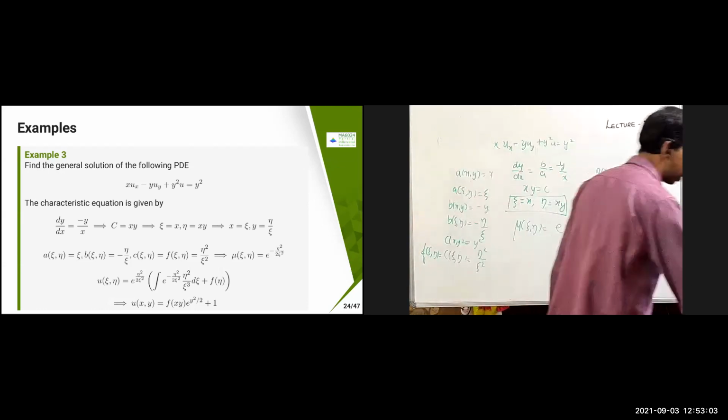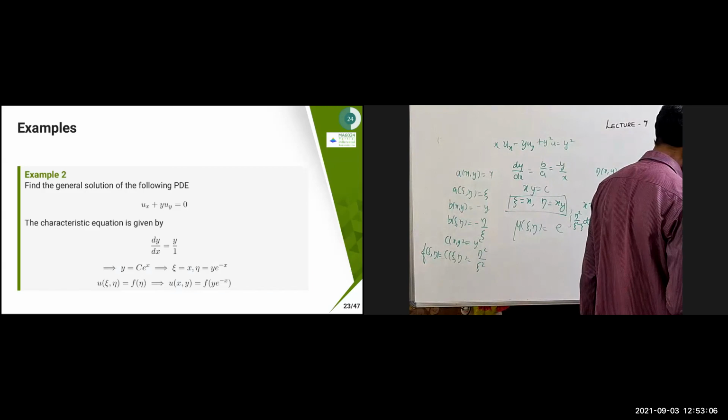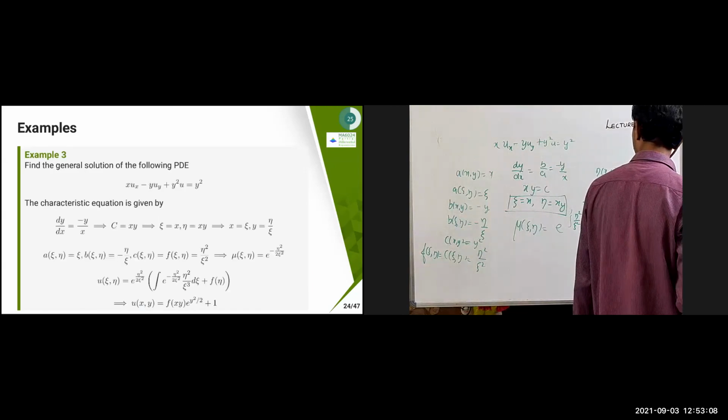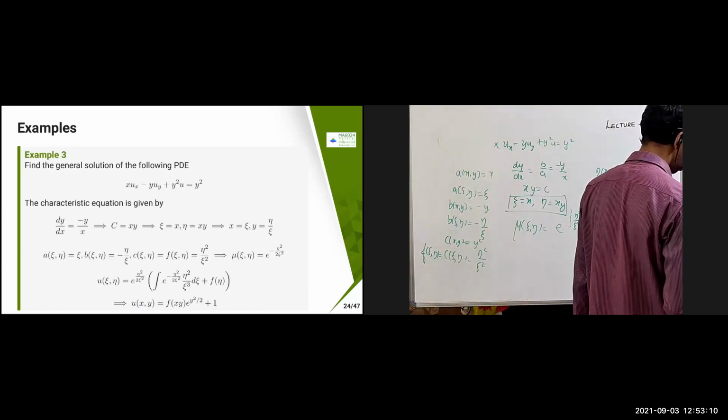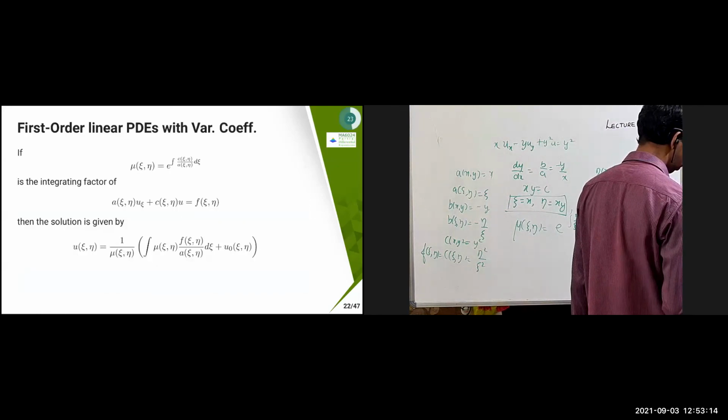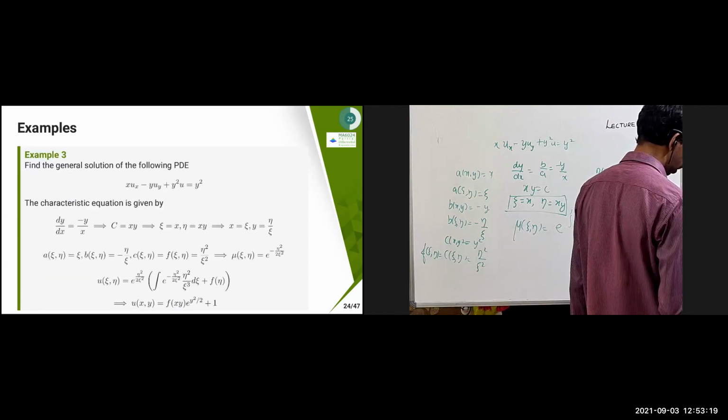Is it minus or plus? Let me see. Mu, 1 by mu, some mistake is there. C is fine.